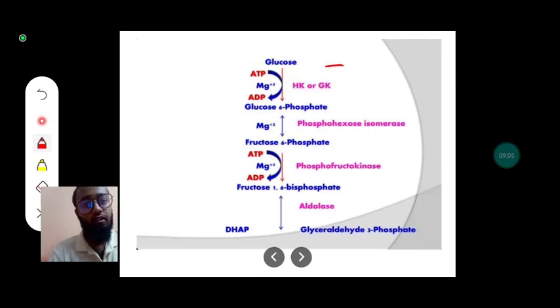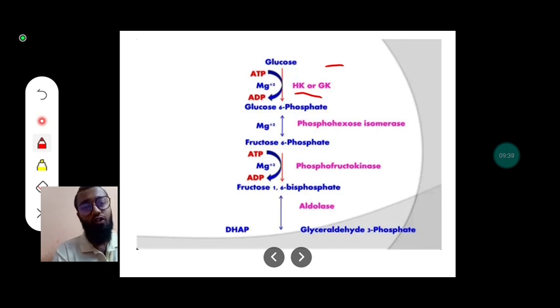And when there is entry of glucose into the cell, the glucose is converted into glucose 6 phosphate by the enzyme hexokinase or glucokinase. And this enzyme is very important, students, because it is also the regulatory enzyme of glycolysis. So remember the first enzyme, hexokinase, also called glucokinase, which is the regulatory enzyme.